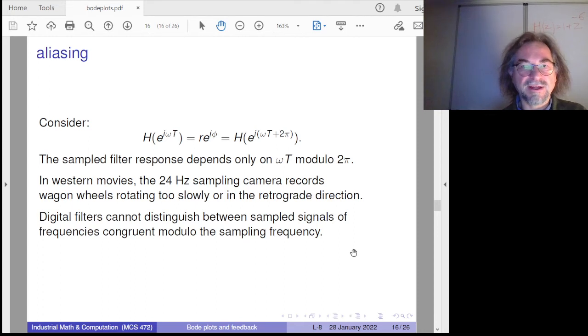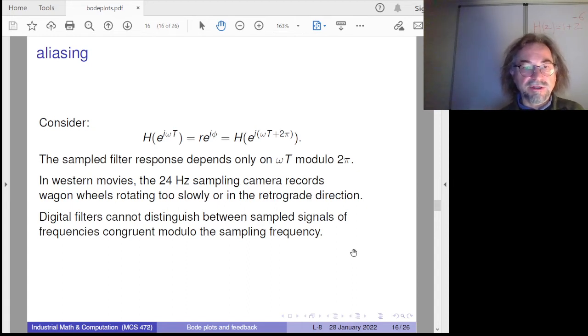So the point here is that the response depends only on this modulo 2 pi. If you have seen Western movies, you may have seen the effect that certain wagon wheels were rotating too slowly or even in the opposite direction of the motion.